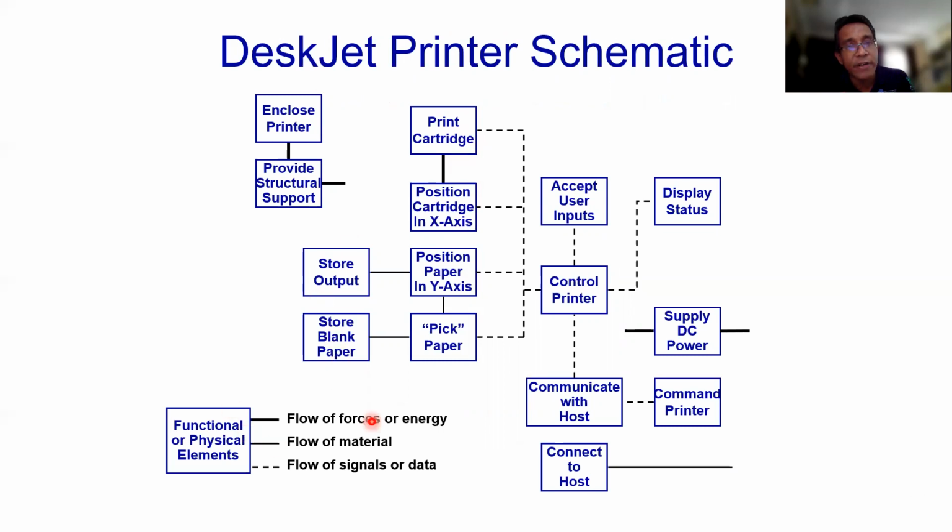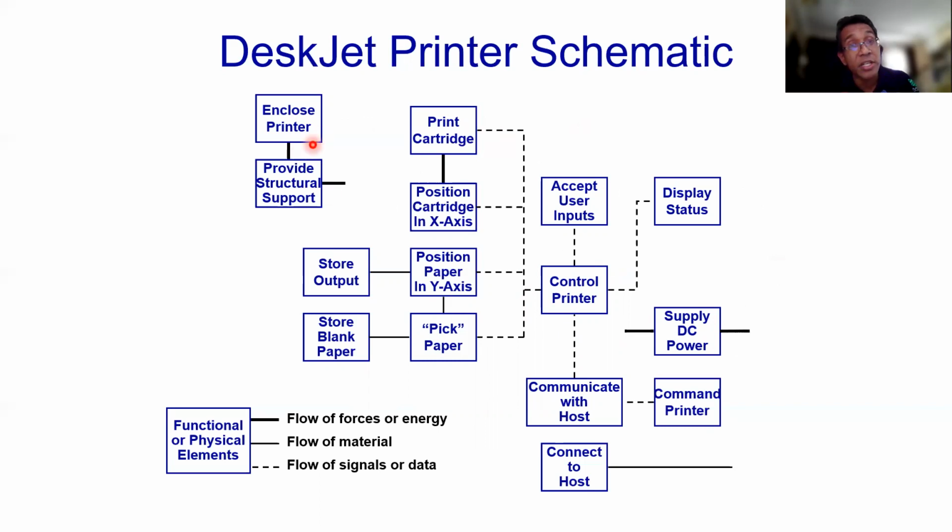And then the flow of force, flow of material, flow of signal. You can see here the internal control, like user interface, all goes to the control panel. There is a logic control that communicates with the host, the printer, and of course they have a power supply here. This one is for the printing side, the printing mechanism. This one is for the printers.